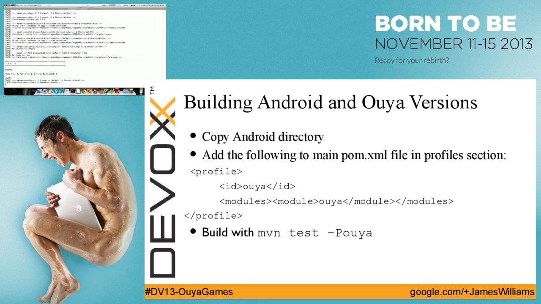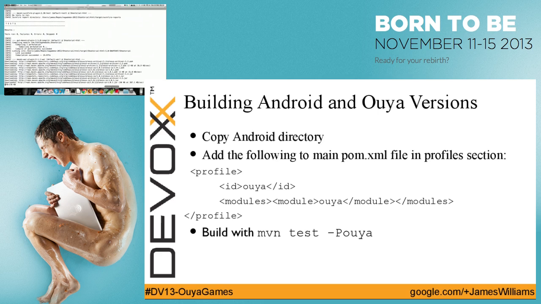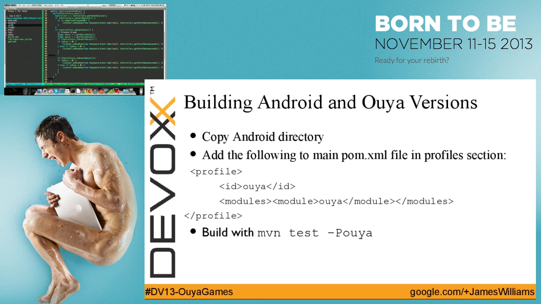So any questions while I'm waiting for this to start up? How much did you have to change the code for this particular game between these different platforms? Okay. The question was, how much did I have to change the code between the different platforms? Probably the best way to show you that is to, okay.